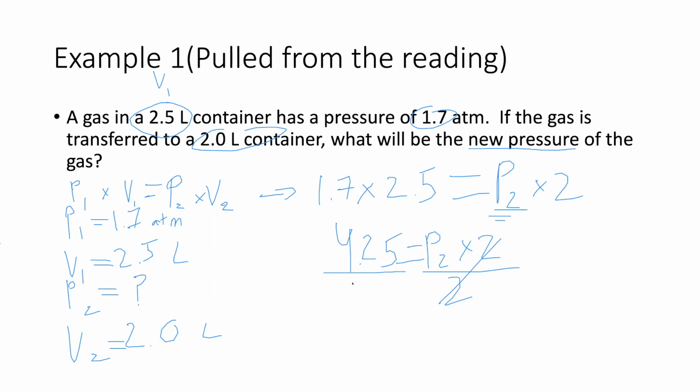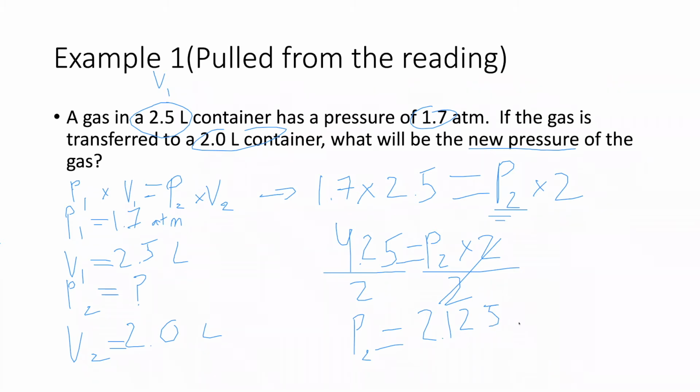And over here, we're going to have 4.25 divided by 2. And so with that being said, it's going to be P2 equals 4.25 over 2, which is simply going to give you guys 2.125.